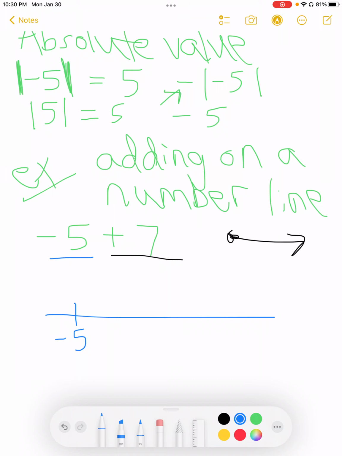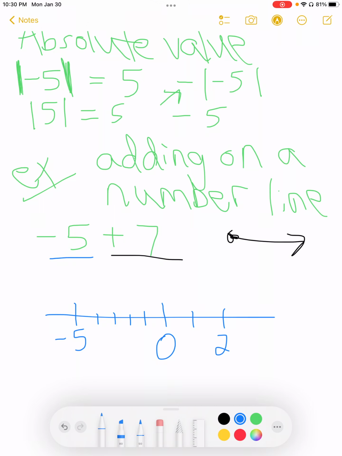Then I added 5 back, so that would have been 0. And then I went 1, 2, I went further than they were asking me to go. If I owed them $5, I gave them 7. So I can put -1, -2, -3, -4 if I want to, but that's basically my number line.